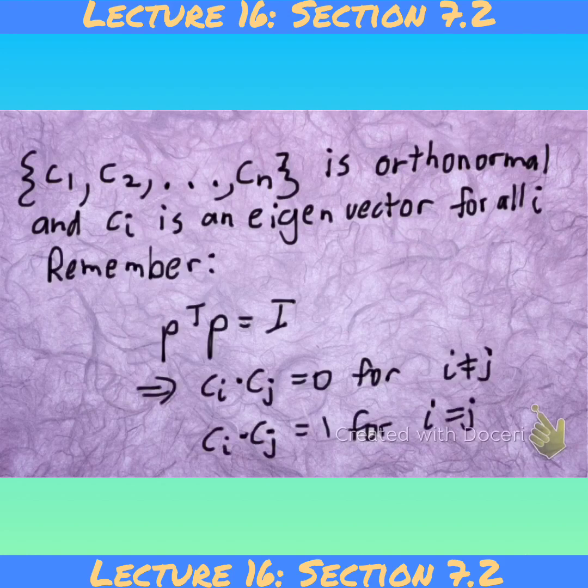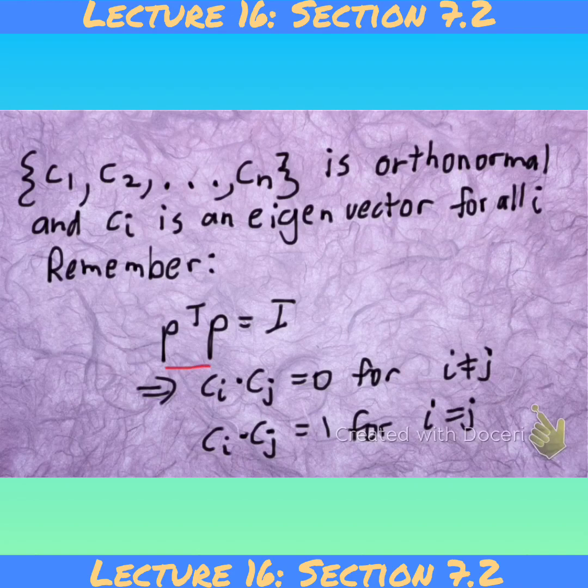Right, so remember that P's transpose times P is the identity matrix. So how do you calculate the entry in the ith row, jth column of this matrix?